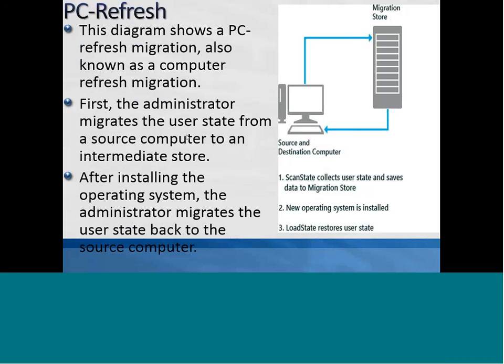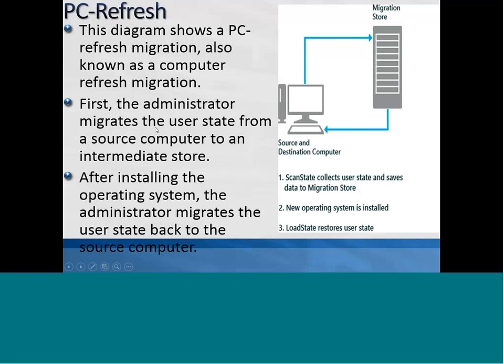There's a concept called hard link, where the user's data is intact, and that machine gets not only its operating system upgraded from 7 to 8, but also keeps the user's data intact. You will see that it also formats the machine, formats the partitions and everything. After installing the operating system, the administrator migrates the user state back to the source computer, but this is just the overall picture of that.